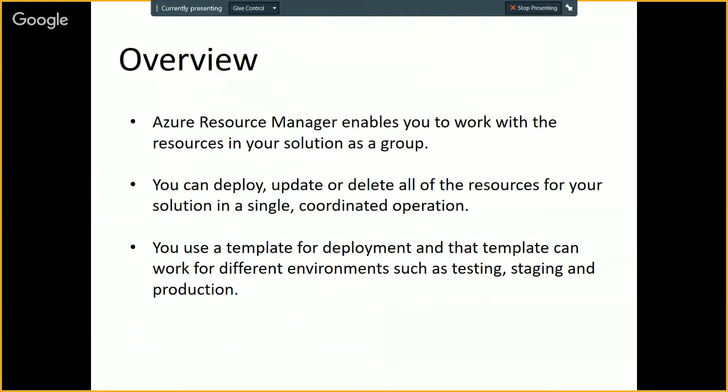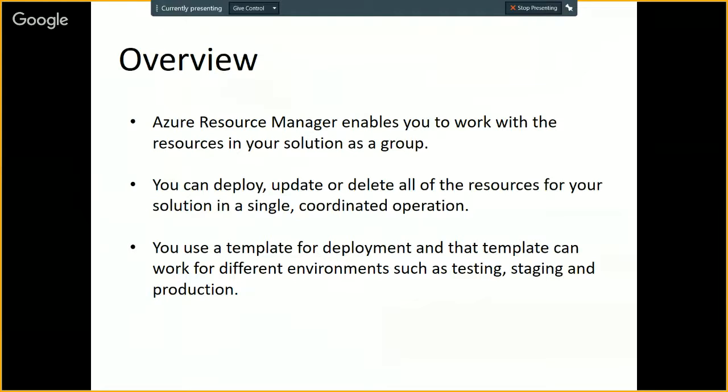And you use a template for deployment, and that template can work for different environments such as testing, staging, and production. Are there other grouping strategies besides environment? Yeah, there's a few different strategies. It depends on whether everything is internal, and how big your company is. At the highest level, you start with the subscription.